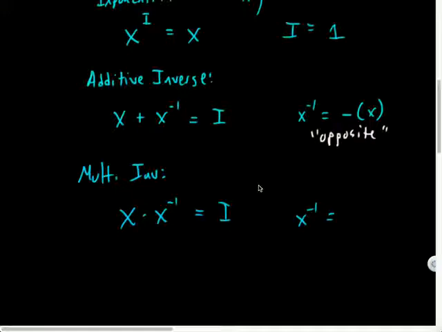Whatever x's inverse is, how would you describe that inverse? 1 over x. 1 over x, right? Exactly. And our mathy word for that is the reciprocal, right?